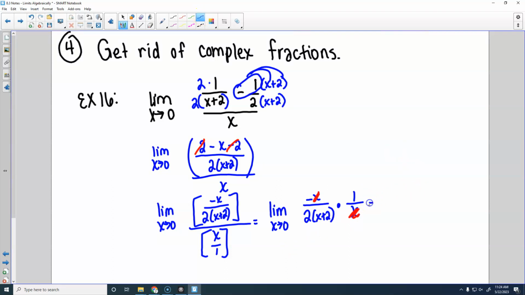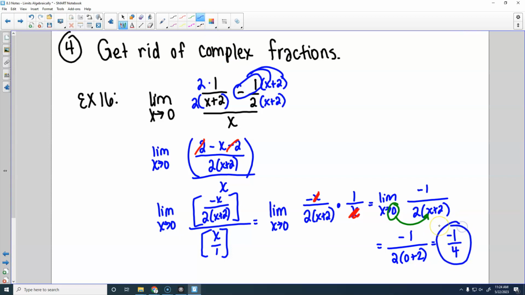So that is going to give us the limit as x approaches 0 of negative 1 over 2 times x plus 2, which is going to be negative 1 over 2 times 0 plus 2, because we're taking that 0 now and plugging it in, and that will be negative 1/4. Answer.